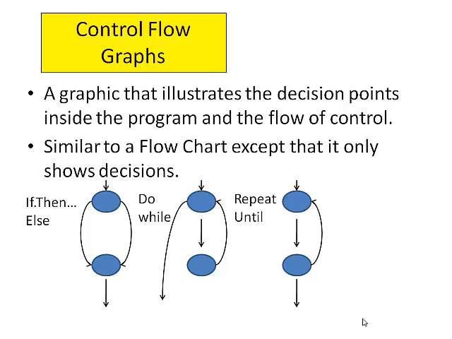We have an if this, do this, else do something else. We have do while, and we have repeat until. And they have different kinds of diagram which helps explain what is going on inside the program. And it will allow us to test the validity of the various states in which the entities sit.